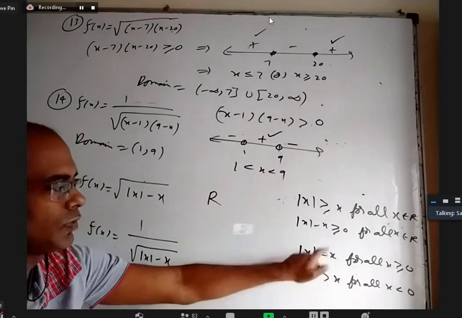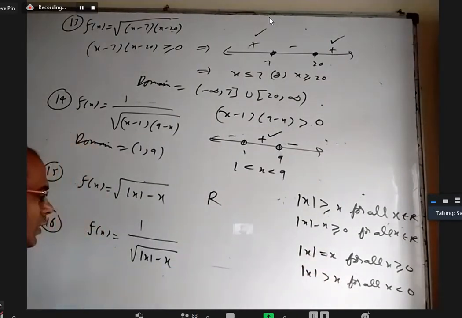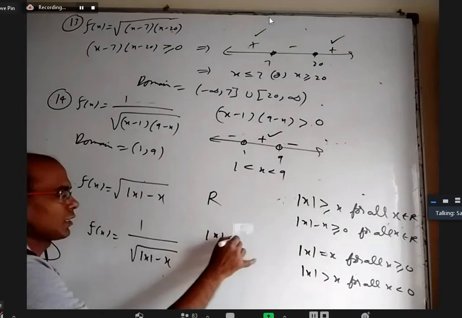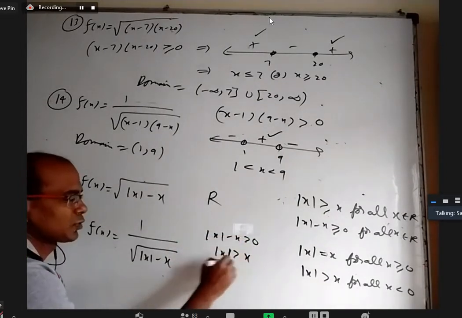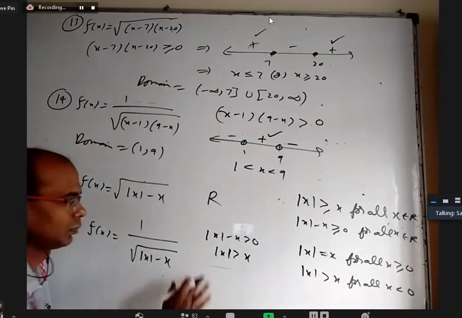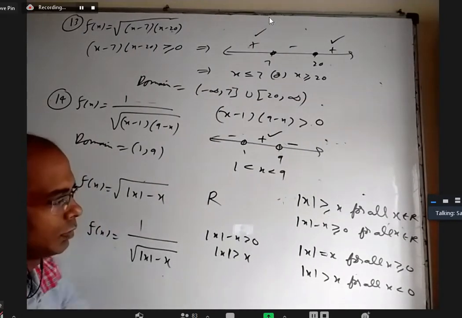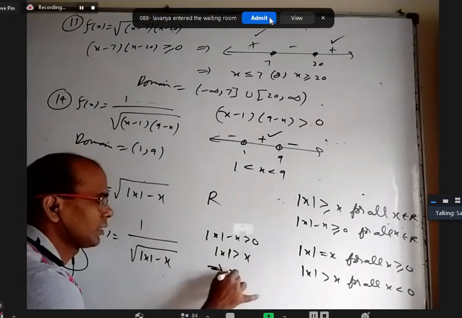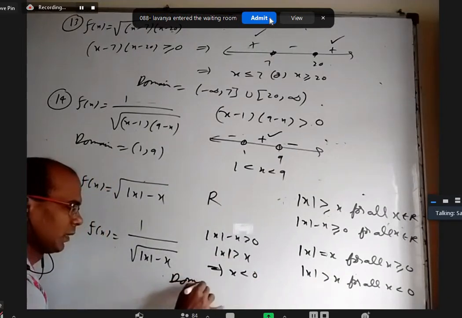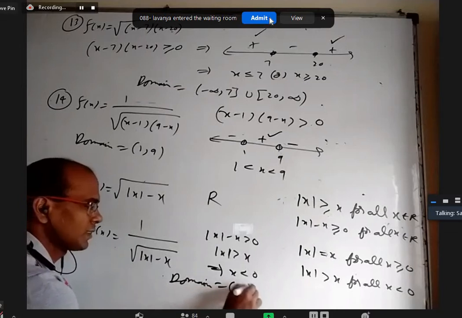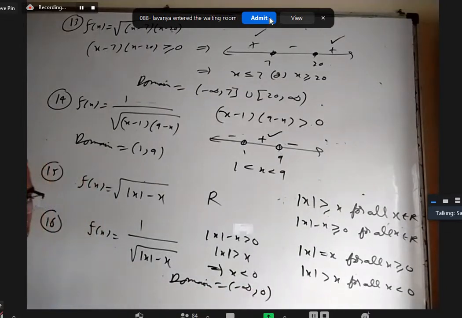You take any positive value or 0, mod x and x are equal. And we want only that mod x minus x should be greater than 0. Mod x should be greater than x, but should not be equal to it. So x should be negative, which implies x less than 0. So somebody can see here, domain equals minus infinity to 0, all negative numbers.